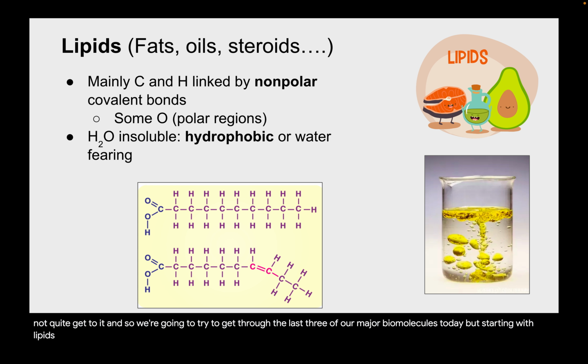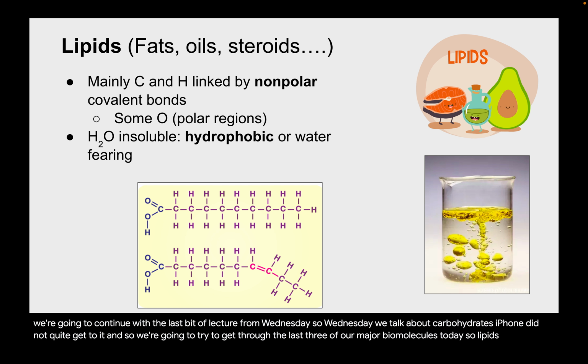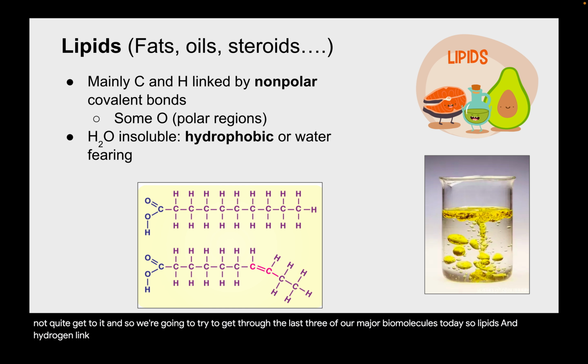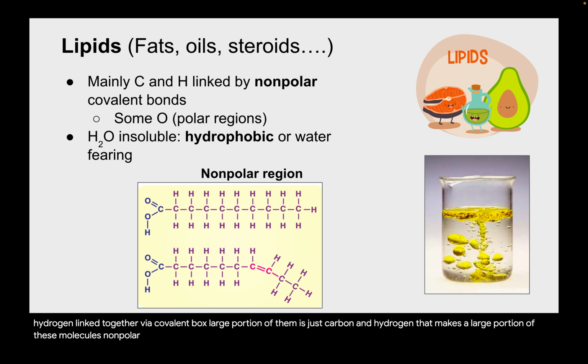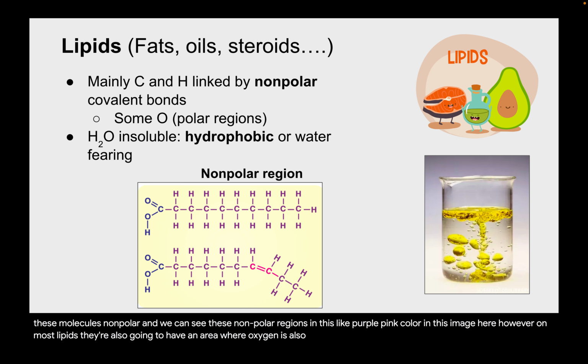So lipids, right? These are going to be molecules that are mainly carbon and hydrogen linked together via covalent bonds. A large portion of them is just carbon and hydrogen. That makes a large portion of these molecules nonpolar. We can see these nonpolar regions in this purple-pink color in this image here. However, most lipids also have an area where oxygen is covalently bonded.